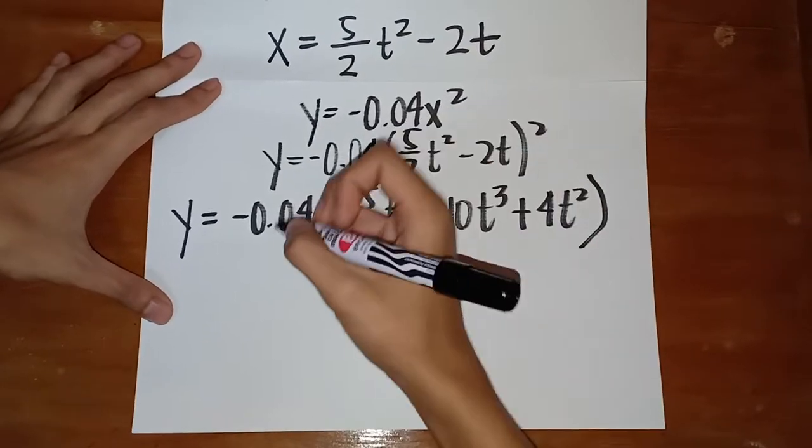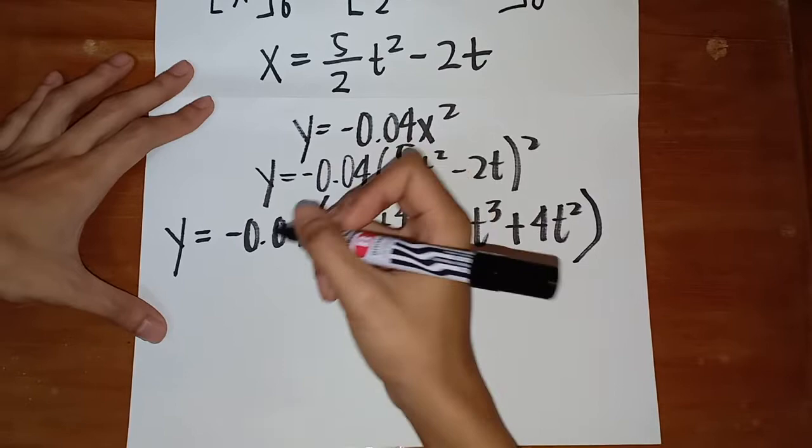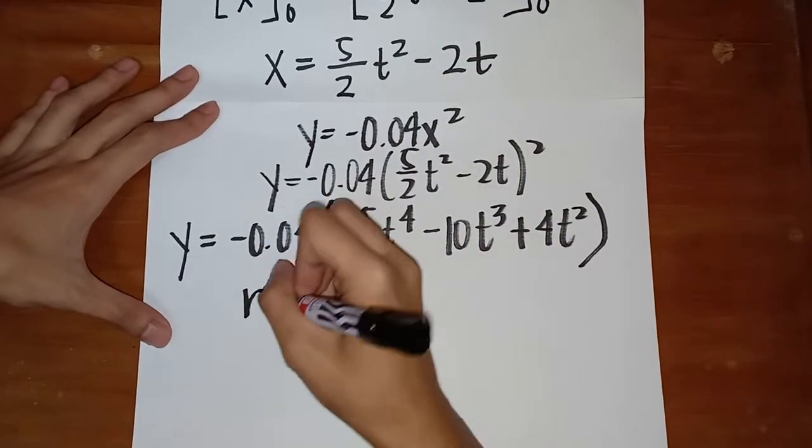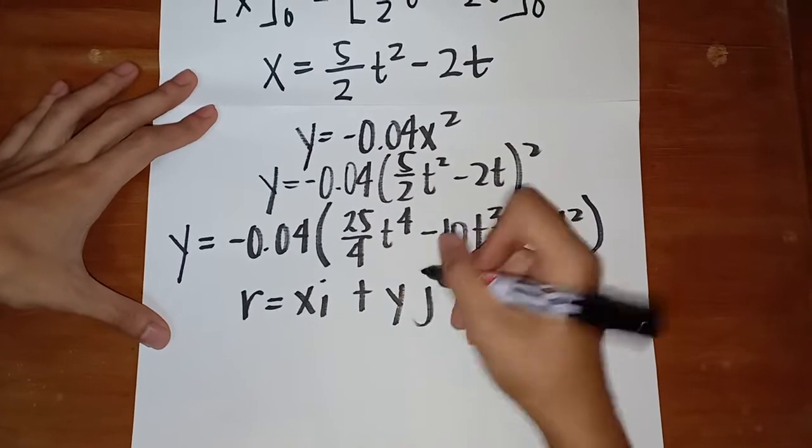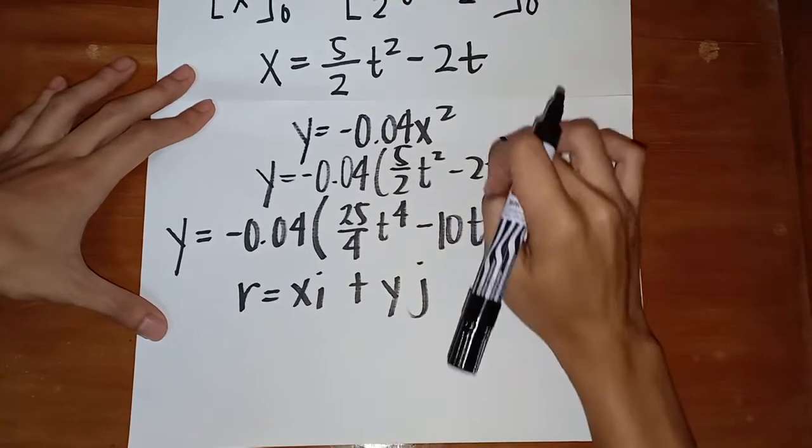So, yung equation ng vector position natin is r is equal to xi plus yj. I-substitute lang natin yung value na x and y.